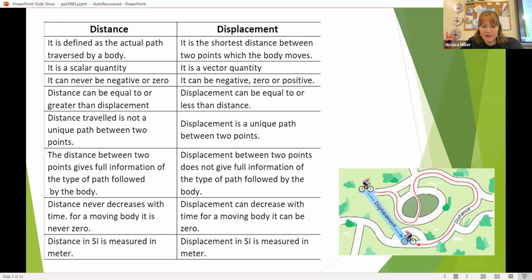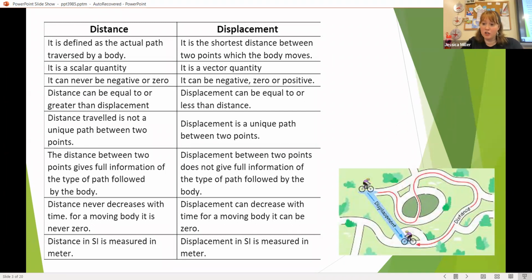All right. For both of these, distance and displacement are both measured in meters, or that's the SI unit. You might see kilometers in a lot of the examples that we look at, or miles or feet. All of those are used to measure distance and displacement. So if you need to, take a moment and pause the video and read through these definitions.